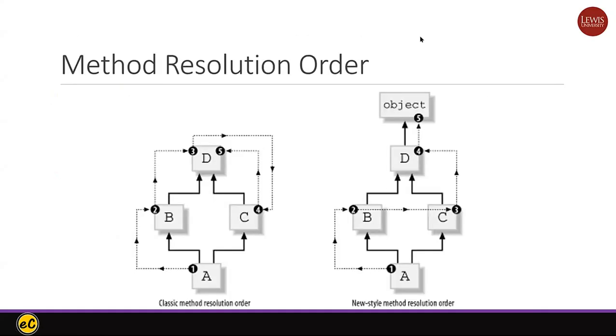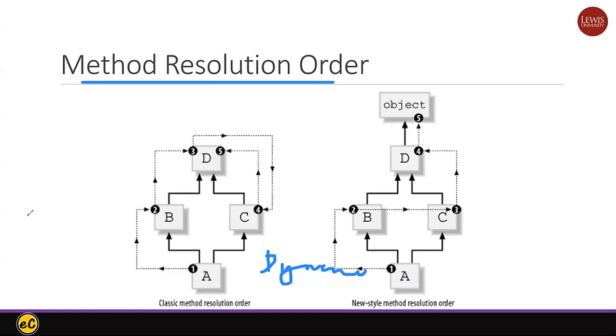Okay, so here to show you the inheritance order. 1, 2, 3, 4, 5. This one is the order of the dynamic linking.